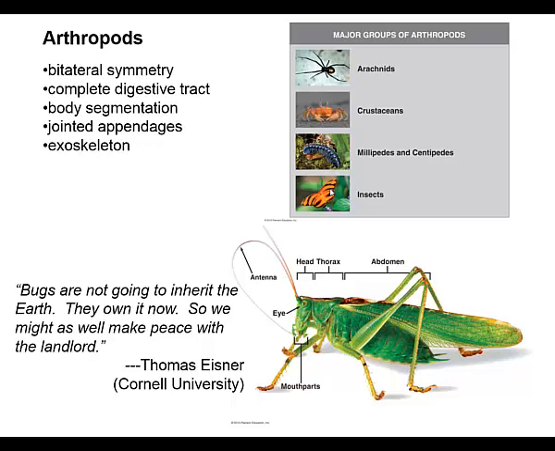And this is where things start to get really fun. Phylum Arthropoda: you have bilaterally symmetrical organisms with complete digestive tracts. Not only are those bodies segmented, but now each segment takes on a special role. On this nice large grasshopper down here, you have the head, the thorax, and the abdomen.